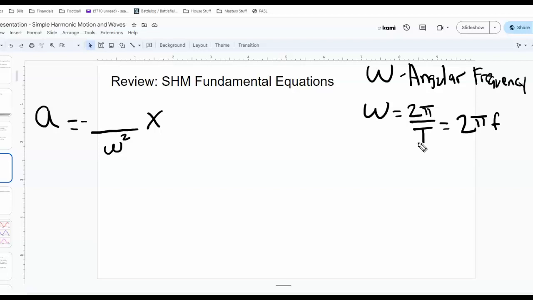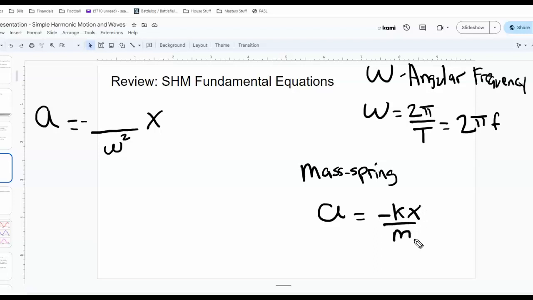Now, last class we were taking a look at a specific example of simple harmonic motion, which is for a mass on a spring. I'm not going to go through all of this again, but for a mass spring system, the equation we ended up getting was that the acceleration is equal to negative kx divided by m.